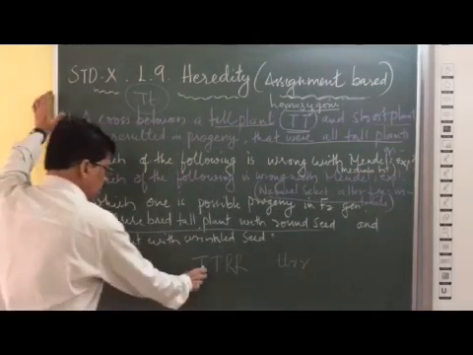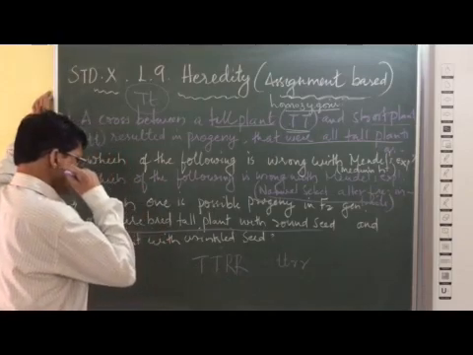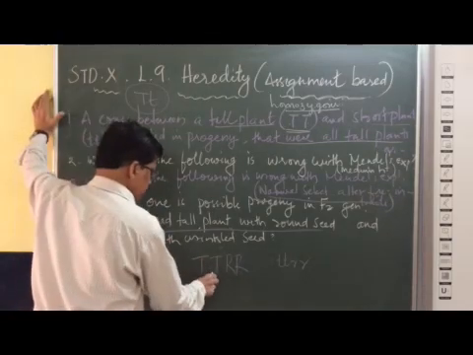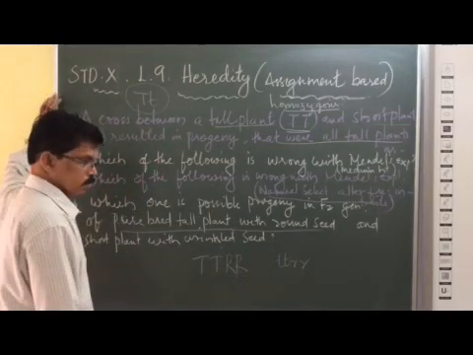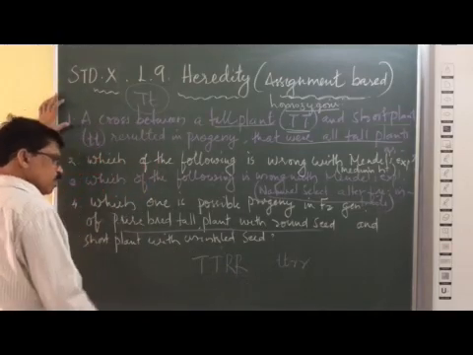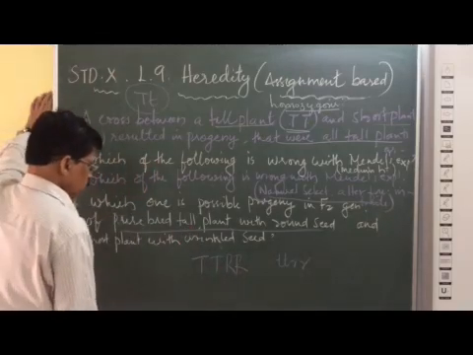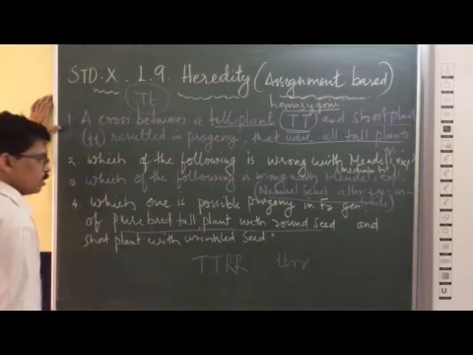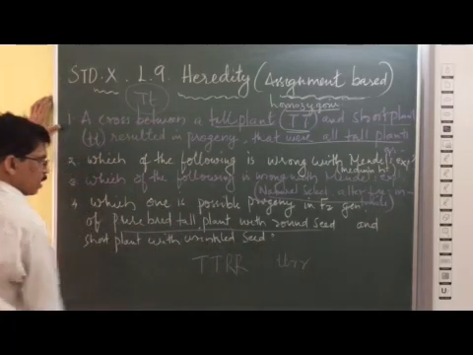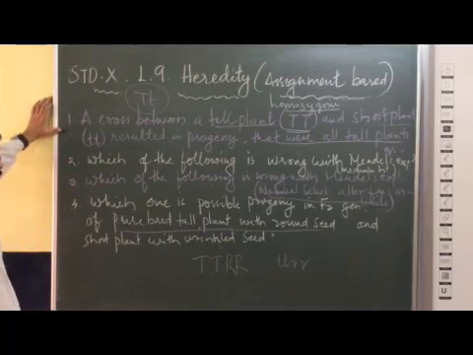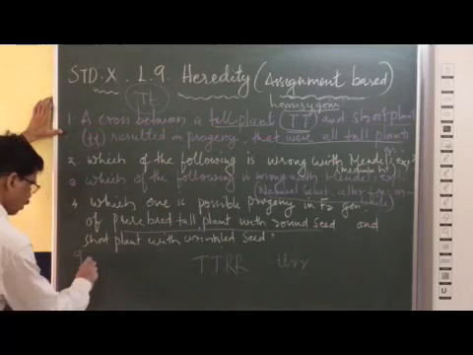It can be tall round, then tall wrinkled, then dwarf round, and also the last one, short wrinkled. So what are the four types of progeny? We can say the ratio is 9:3:3:1.